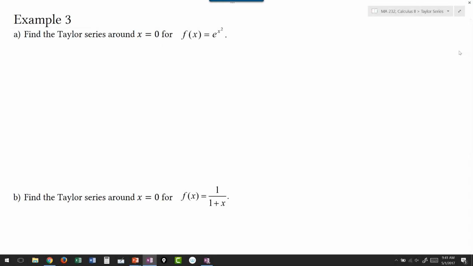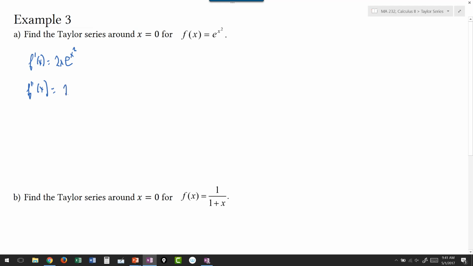Let's see how we could attack something like f of x equals e to the x squared. Now this one would be difficult to do if we had to find derivatives. So for example, the first derivative would be e to the x squared times, by the chain rule, a 2x. The second derivative, we would need to use the product rule.